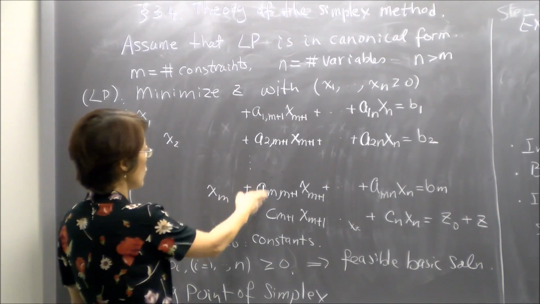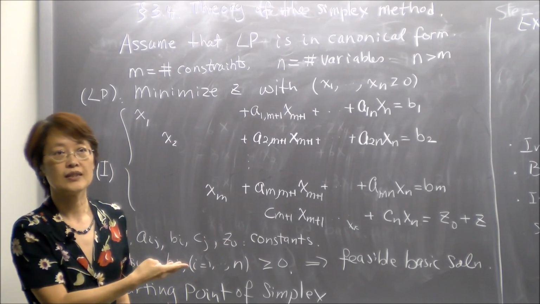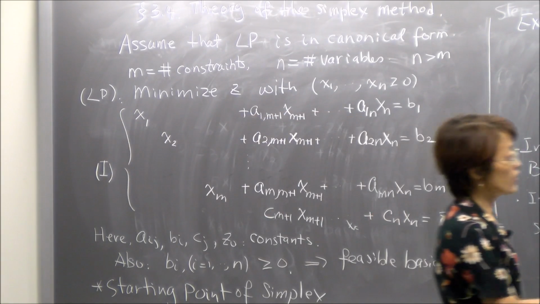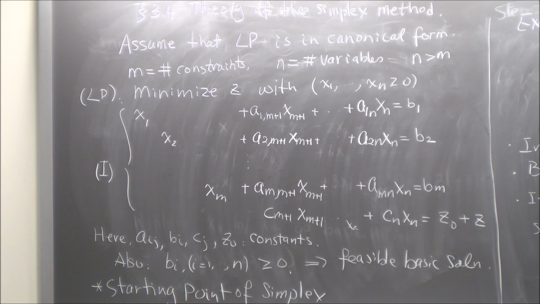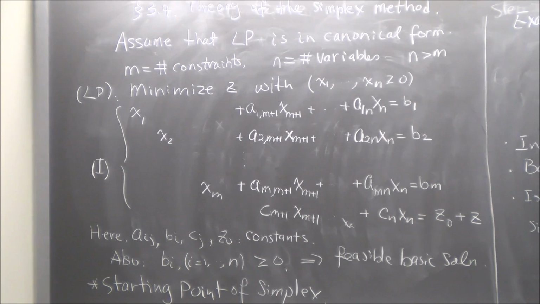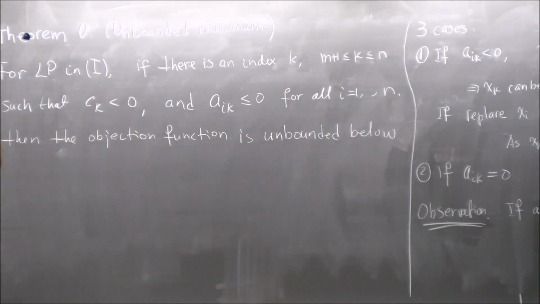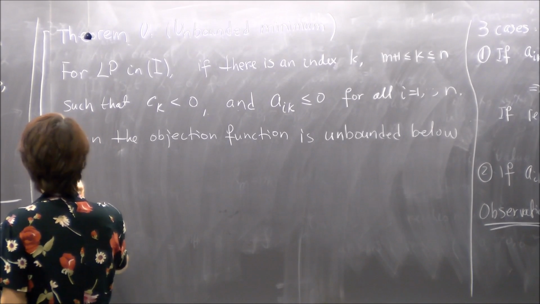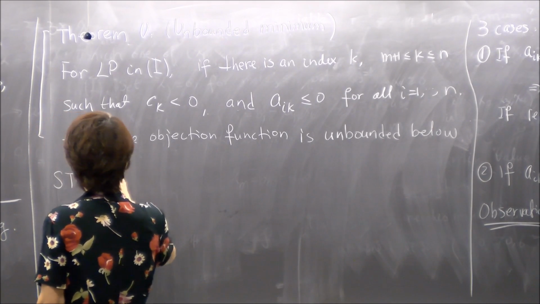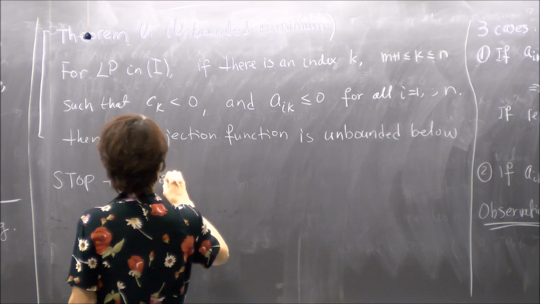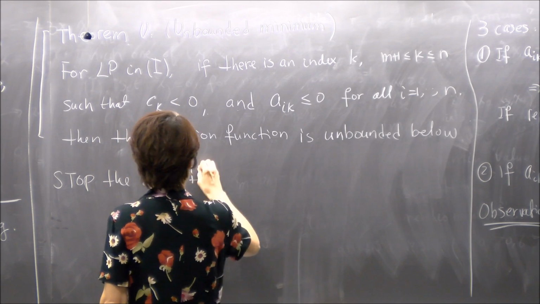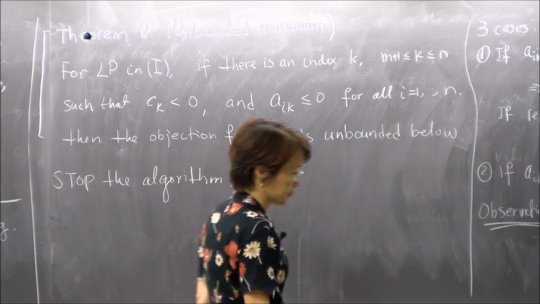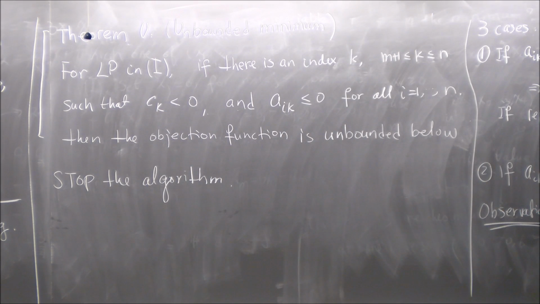If they are, you can easily spot it, right? If that is the situation, then you conclude that z can go to negative infinity, is unbounded. And then you don't have to perform any more steps. You stop the algorithm here as well. So this is the second one that will make you stop the algorithm. Okay. Is that clear? So in these two situations, you can terminate.